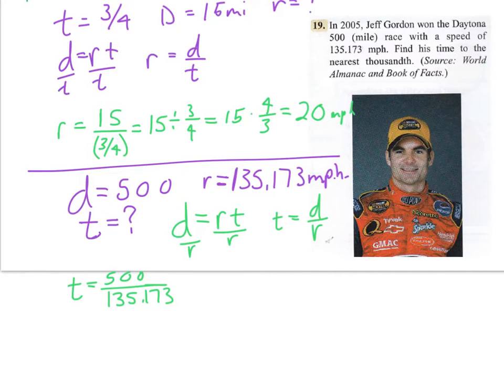And so the calculator tells me that that is about 3.699 hours when I round to the nearest thousandth. Of course, I'm sure this would probably be converted to minutes and seconds, but we're not going to worry about that right now.